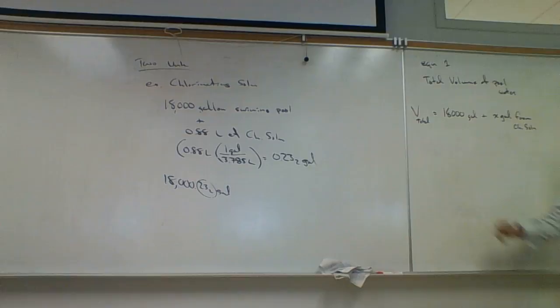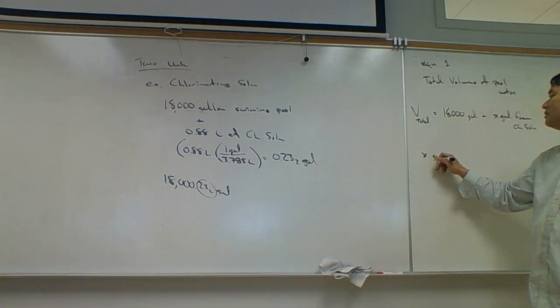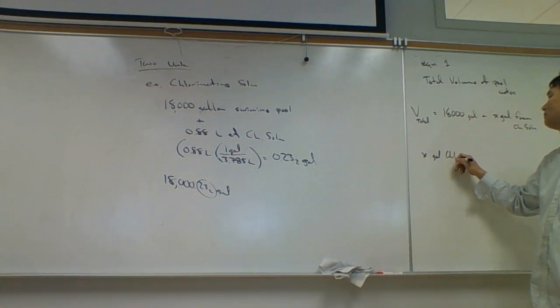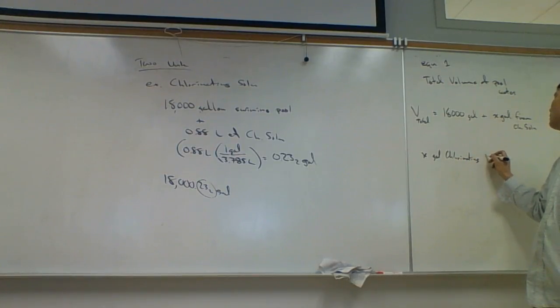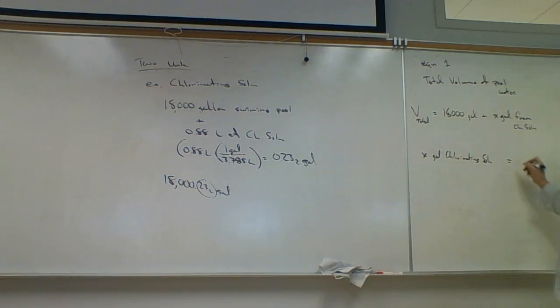The other unknown is how many X gallons of chlorinating solution I need. The X gallons of chlorinating solution will be the volume of the pool water. This is total volume of pool water. The total volume of pool water is not 18,000 gallons. The total volume is going to be a little more.